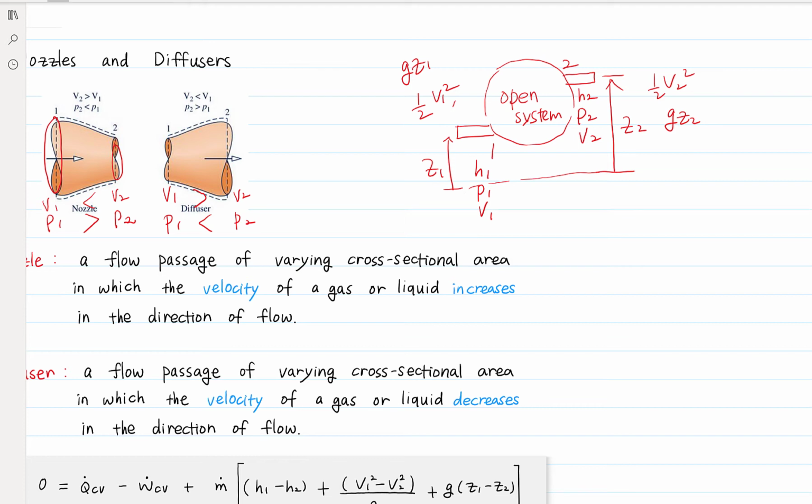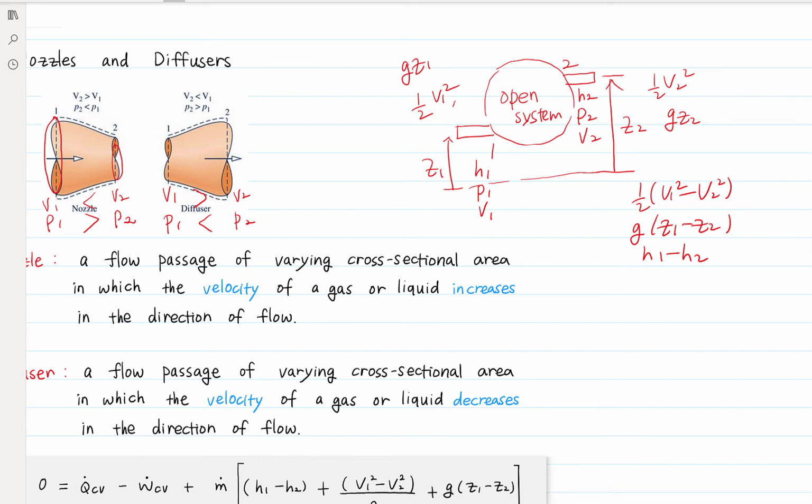The change in specific kinetic energy between the inlet and outlet is half of V1 squared minus V2 squared. The change in potential energy between the inlet and outlet is Z1 minus Z2. The change in enthalpy between the inlet and outlet is H1 minus H2.